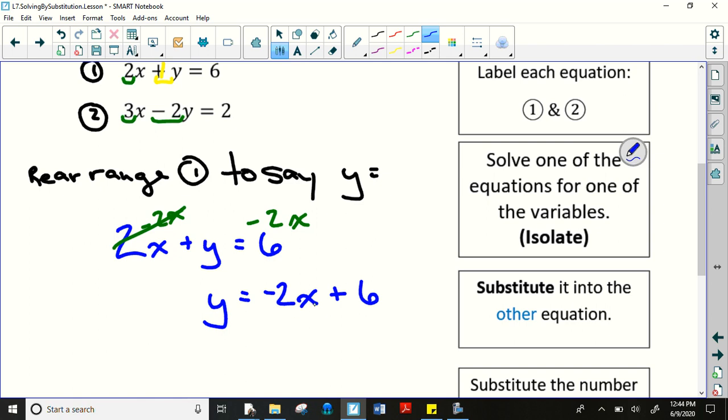This is the only variable we have, so it's got to go first in this math sentence. Okay, so we've rearranged it to say y equals negative 2x plus 6. Look at us go. Now we've got to substitute it.